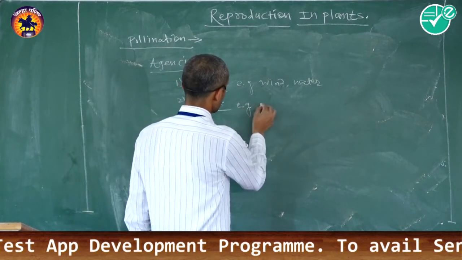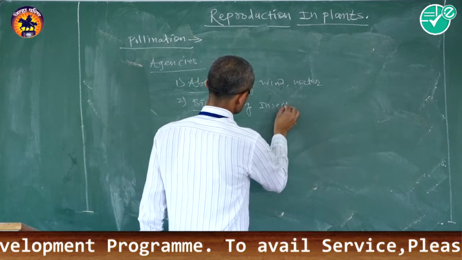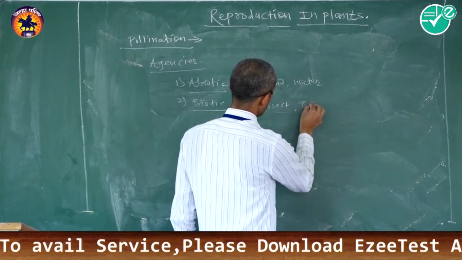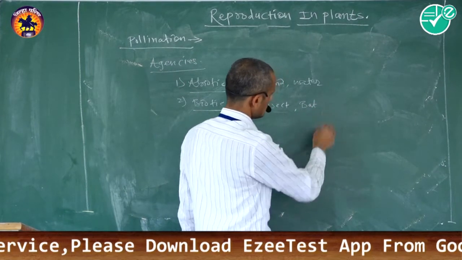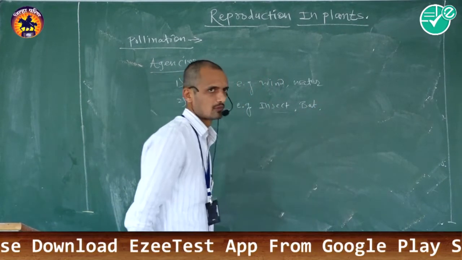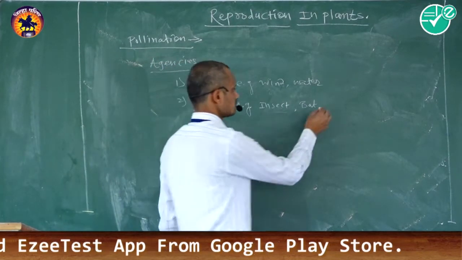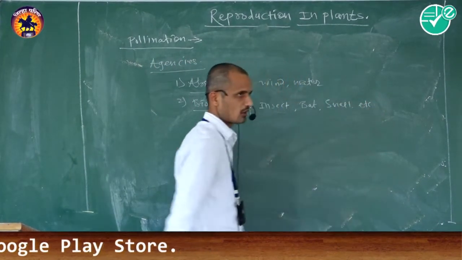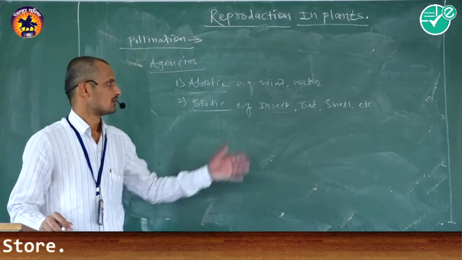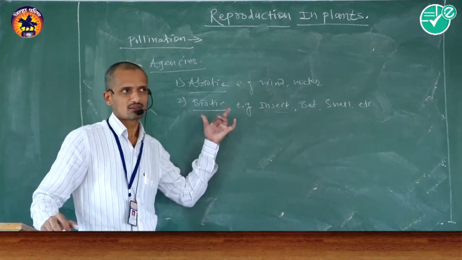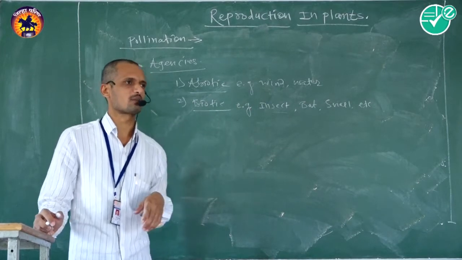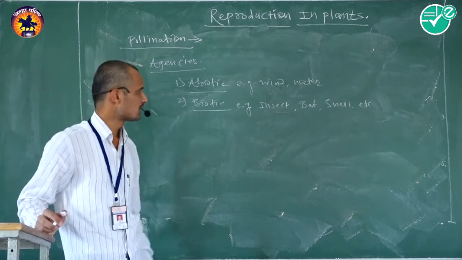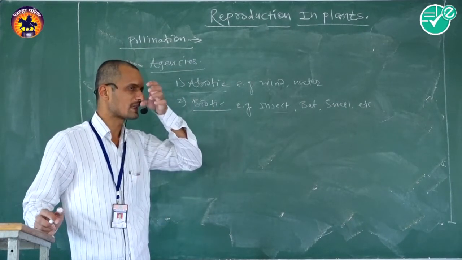Examples like insect, then bat, then snail, etc. or a number of living organisms, they are responsible to transport the pollen grain from anther to the respective stigma, that is called as biotic pollinating agent.